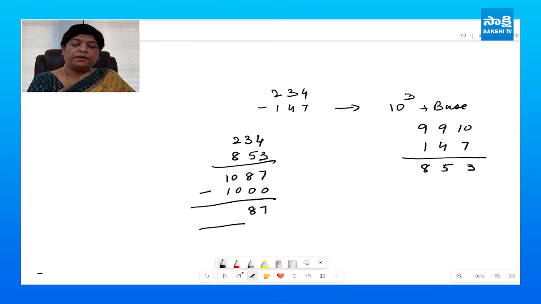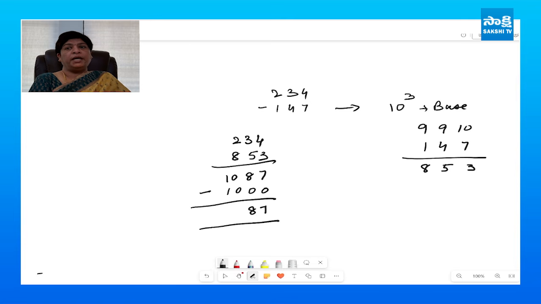which is 87. So let me go over the steps one more time. The first step is to identify the negative number. So 147 is the negative number, and after identifying it, we choose the base. Again, the base is 10 to the power of 3, since we have 3 digits in 147. The second step is to find the Nikilam of the negative number.